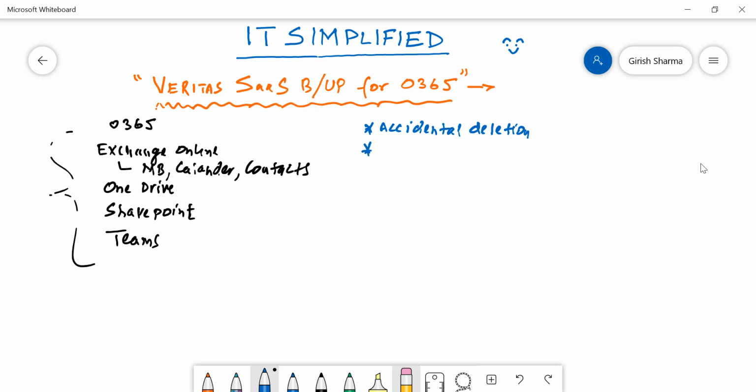Other thing that we see happening in the organization is malicious attacks, both inside as well as outside the organization.